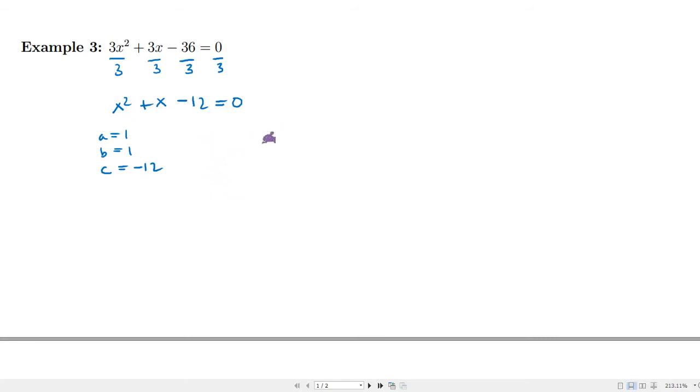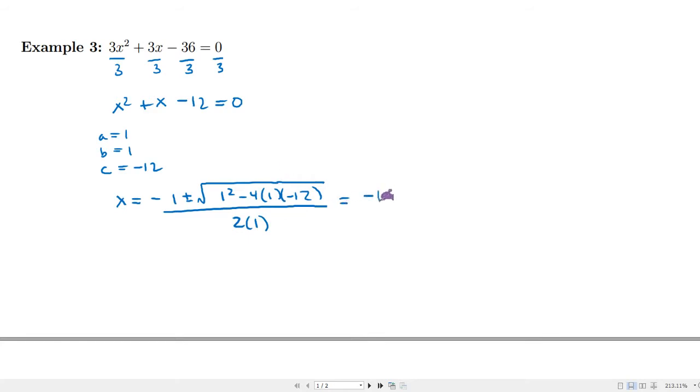Okay, so now our solutions are x is equal to -b plus or minus the square root of b squared minus 4ac all over 2a. And this is -1 plus or minus the square root of 1 plus 48 is 49, so that's square root of 49 over 2.